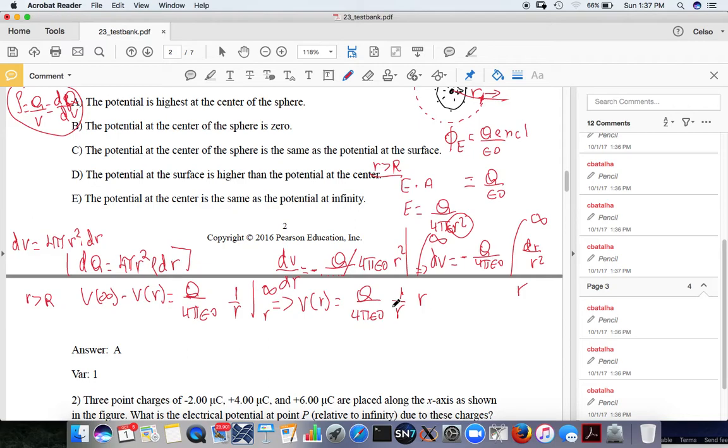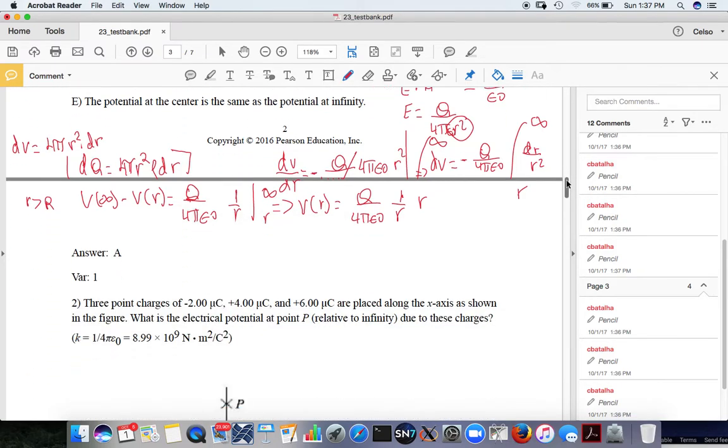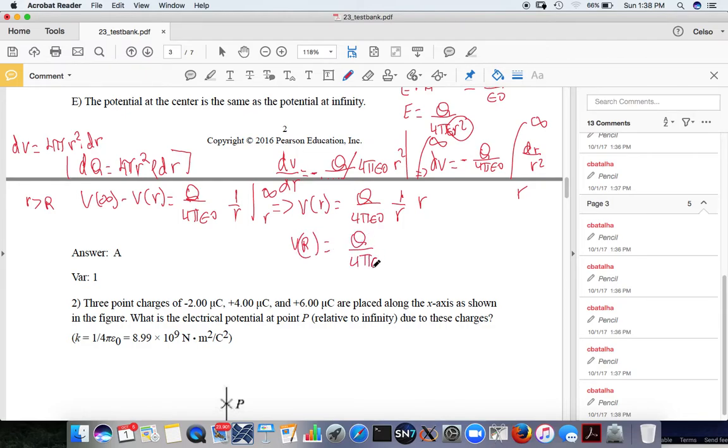Now, what is the voltage inside the sphere? We do the same thing. We come up with a Gaussian surface at a radius r inside the sphere.